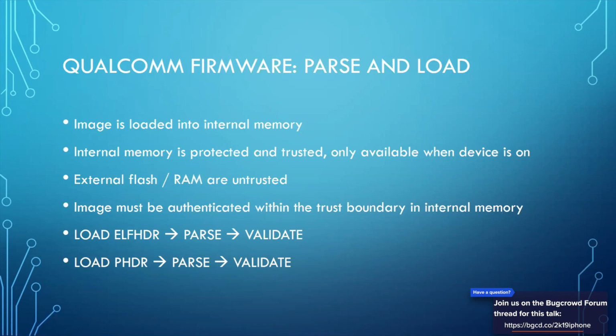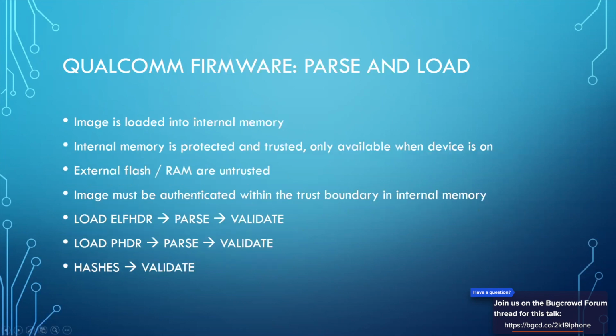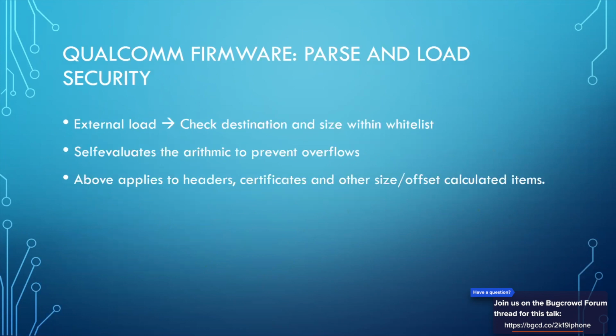Of course, the ELF headers and the ELF program headers are parsed and validated. Eventually, the hashes of the code signing are also validated. And then here's the thing about that trust boundary, a trusted zone that you can get the image copied to in the internal memory from, for example, flash memory, to get it allowed to be executed.